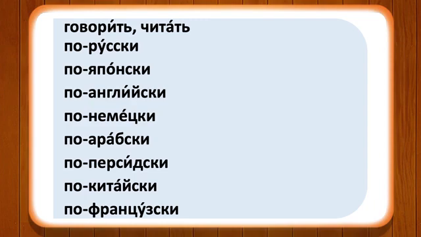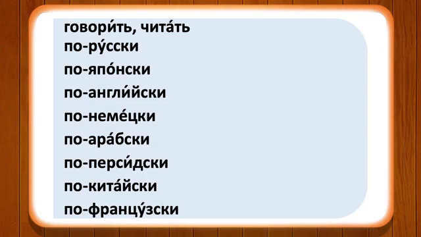So, говорить по-русски. Читать по-японски. Говорить по-английски, читать по-английски. Говорить по-немецки, читать по-немецки. Говорить по-арабски, читать по-арабски.